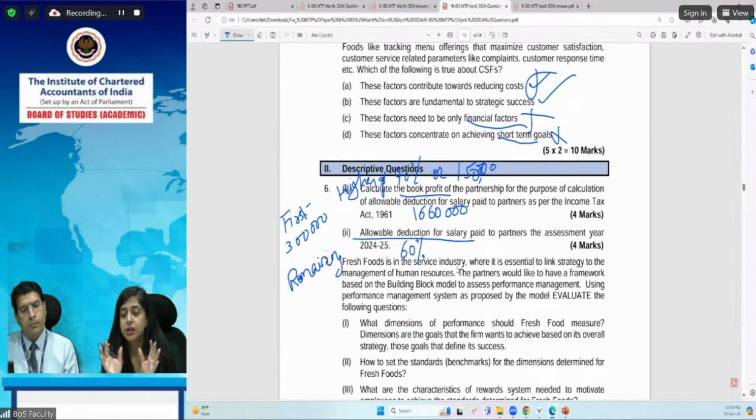Yes, Ayushi, you are very much right. For the first 3 lakh rupees of your book profit, the higher of 90% or rupees 1,50,000, and for the remaining amount of book profit, 60% of the book profit is allowed as salary.